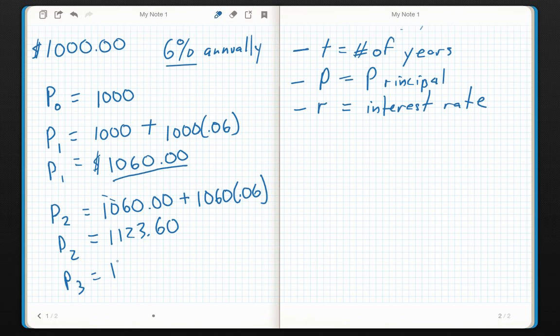It'll be our P2 plus the interest on P2, which is $67.42.